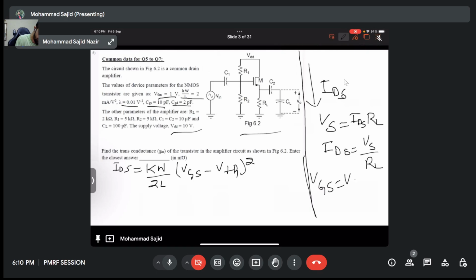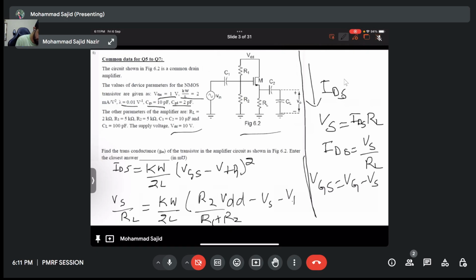VGS is VG minus VS. So there we can use this. VG, what is VG? R2 by R1 plus R2 times VDD. So minus VS minus VTH whole square. Right?